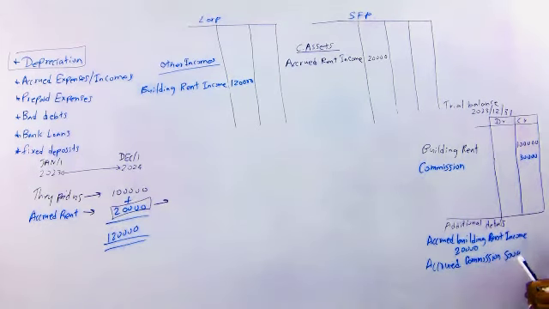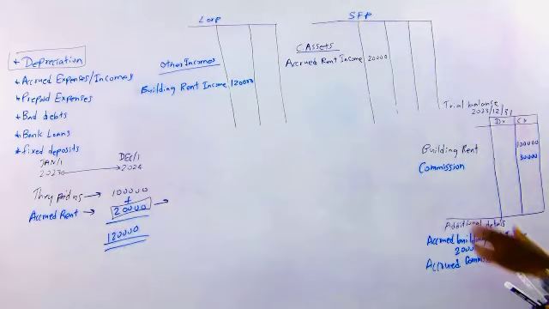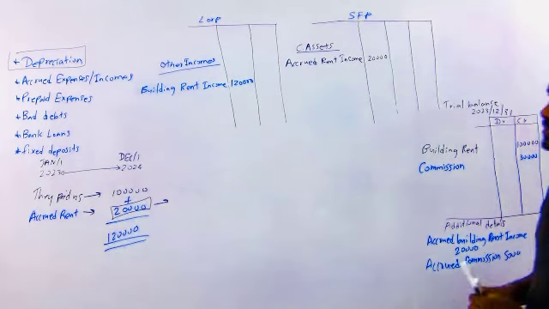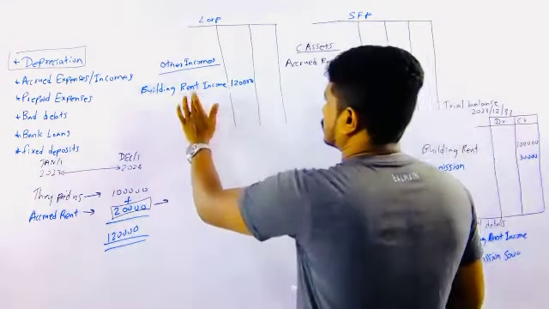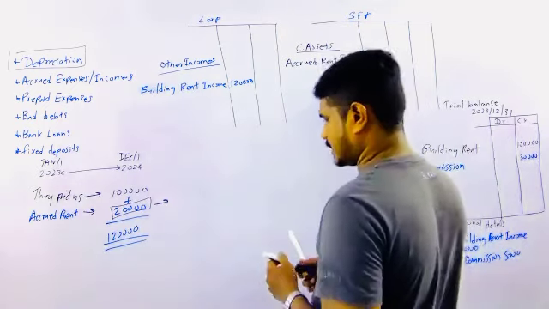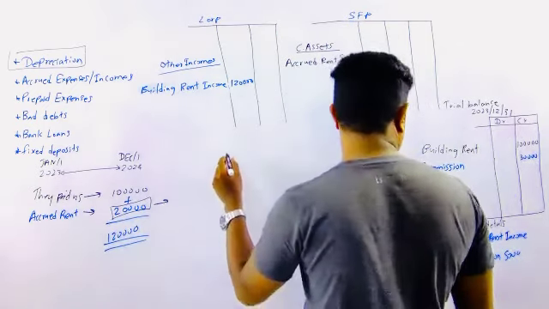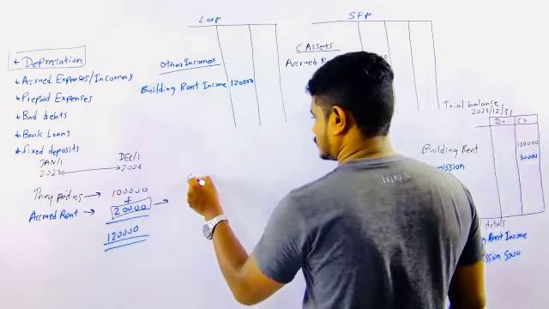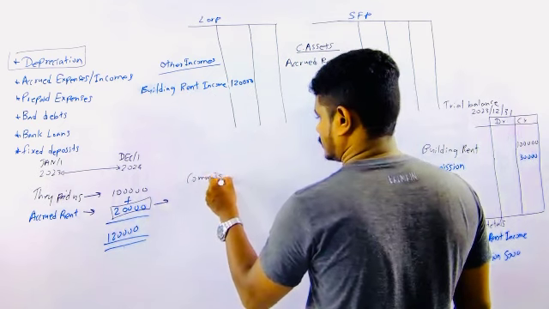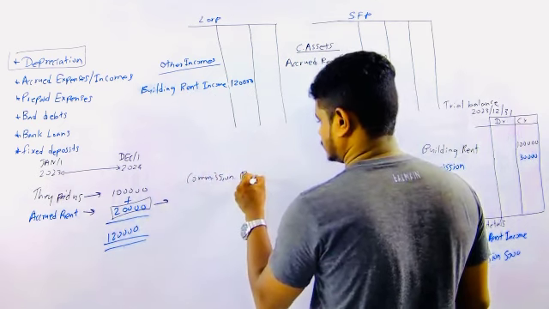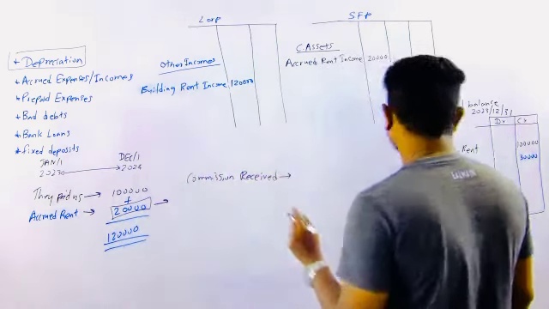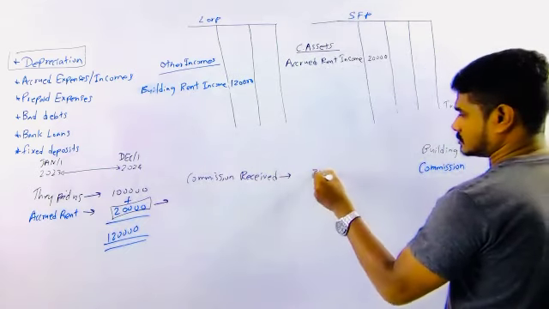So now we have to get the total commission income of the relevant time period at first to input to the loss or profit statement. So commission received 30,000.